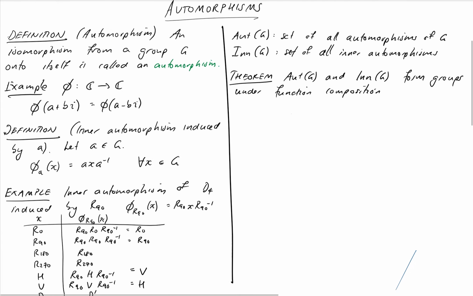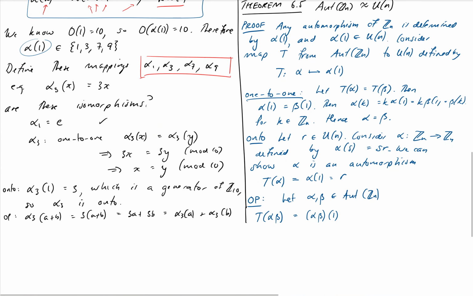Now remember they're multiplied by function composition, so it'll be alpha of beta of 1, which by how these things are defined is beta of 1 times alpha of 1, which in turn equals alpha of 1 times beta of 1, because multiplication of numbers commutes, which is T of alpha times T of beta as required.